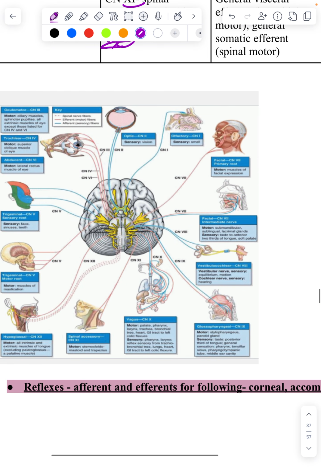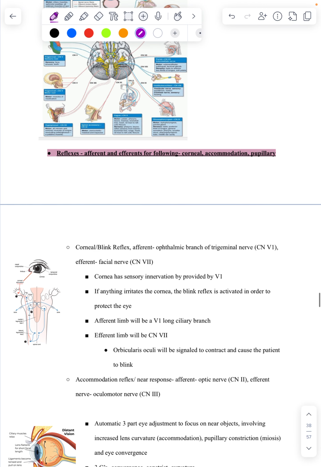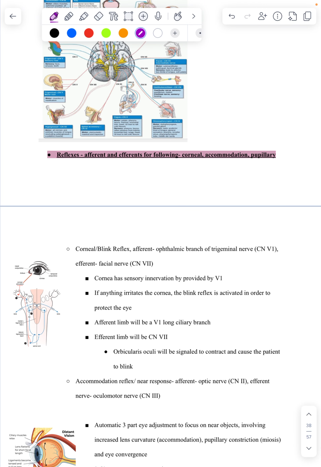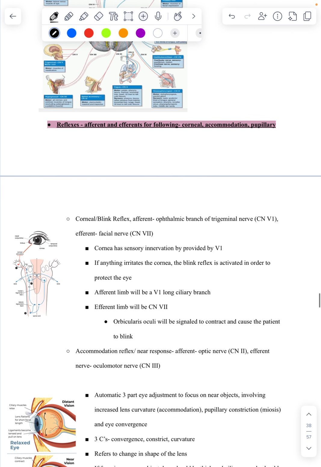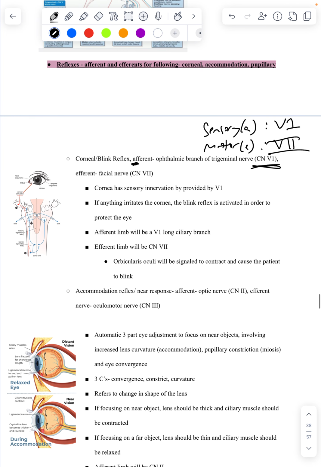Okay, and this is a good picture that shows all this stuff. Now, reflexes. Again, more neural stuff, but when you blink, the sensory afferent part is V1. Motor, or efferent, is cranial nerve 7. So the cornea has sensory innervation by V1.